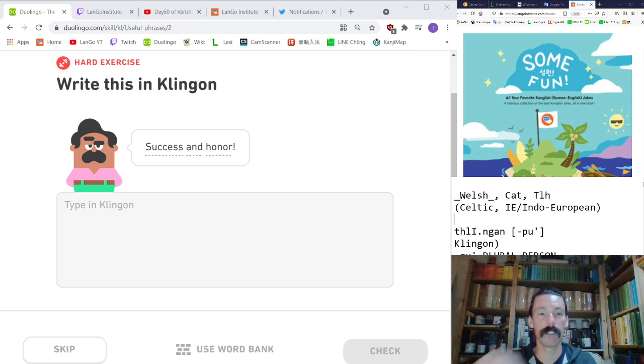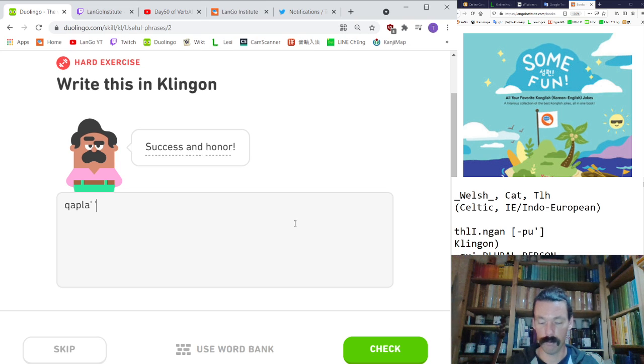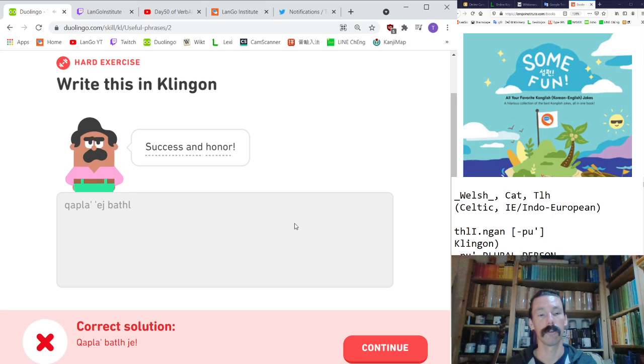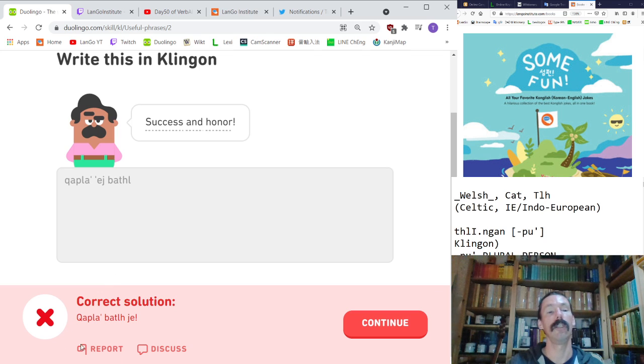T involves complete closure. So success was pop-la, which you hear in all the movies and the show. Honor is but. And here that consonant is again three letters, HL, but a single sound. Oy vey. Corrected my Klingon here.